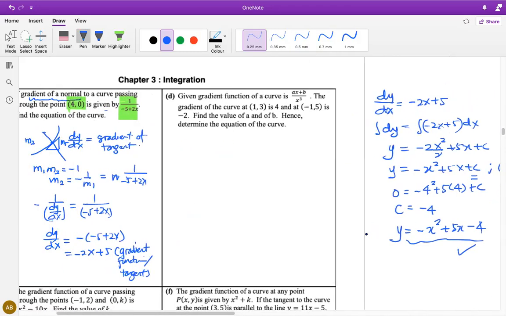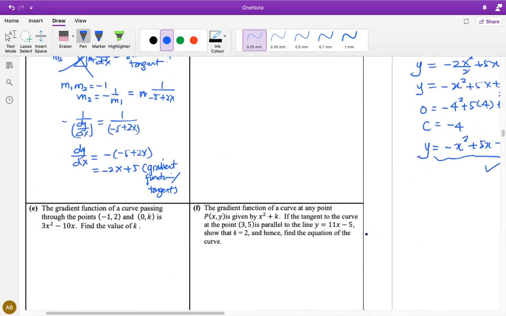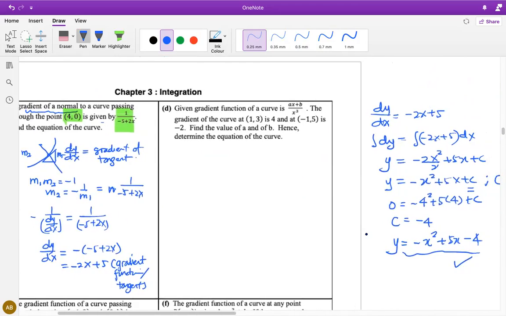Now we go to D. Given the gradient function of the curve is ax + b over x cubed, the gradient of the curve at (1, 3) is 4 and at (-1, 5) is -2. So we just substitute in to solve for a and b first.